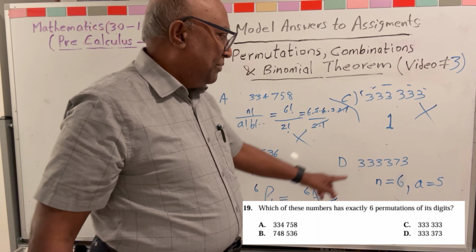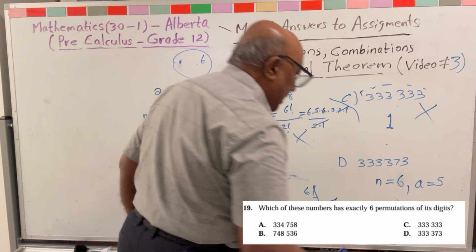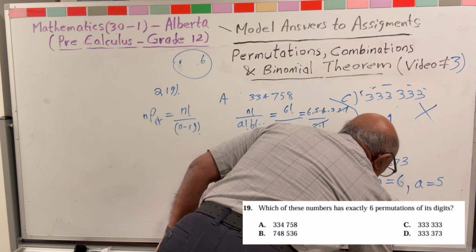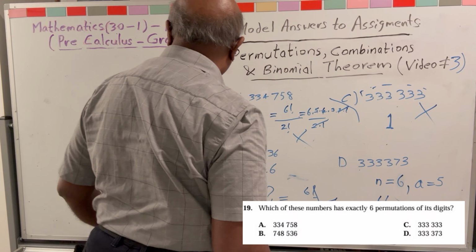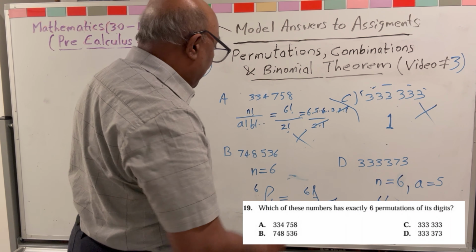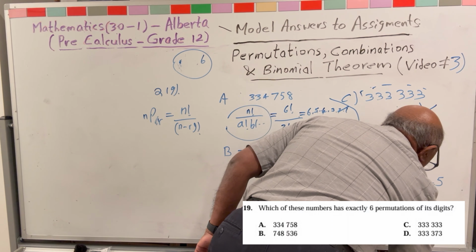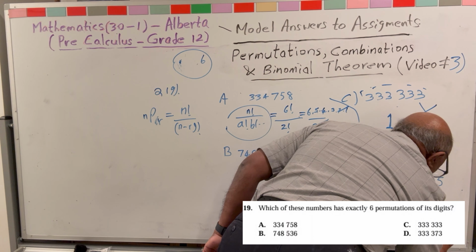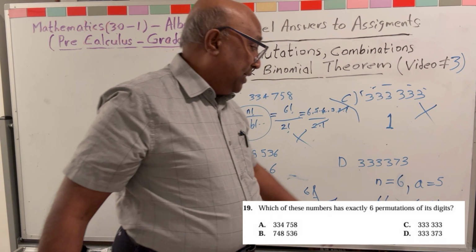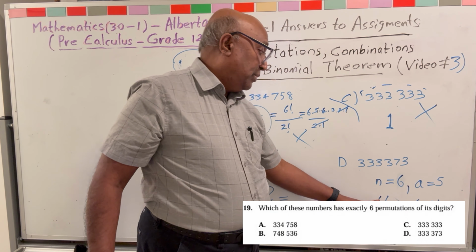There are no other repeating numbers, so b and c are not applicable. Then the answer is factorial 6 upon factorial 5. We apply this formula. The answer is 6 times factorial 5 upon factorial 5. Actually, I did not explain this much. Now we already know how to simplify.